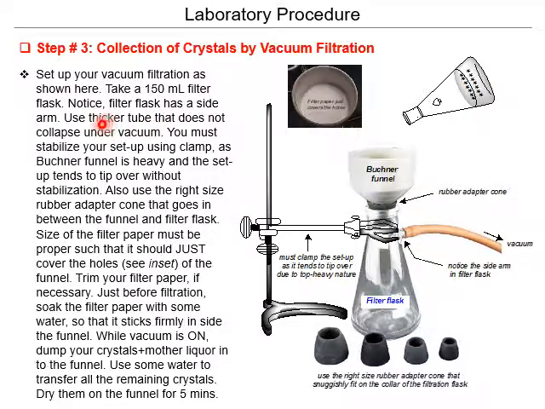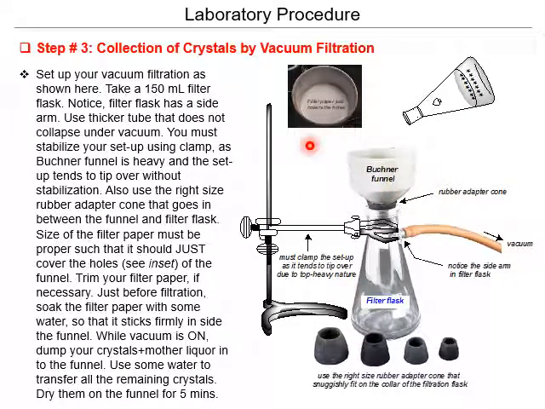You need to use a thick tube. Some of these tubes cannot bear a strong vacuum, so you make sure that it's a tube designed for that. You must stabilize your system with a clamp, because the Buchner funnel is heavy, and especially if it's a bigger one, there's different sizes, it might tip to the side, right?